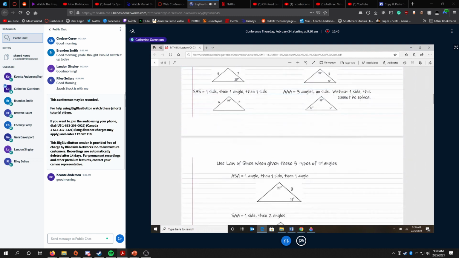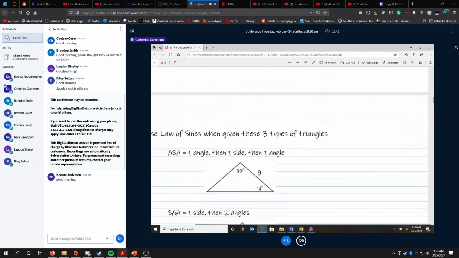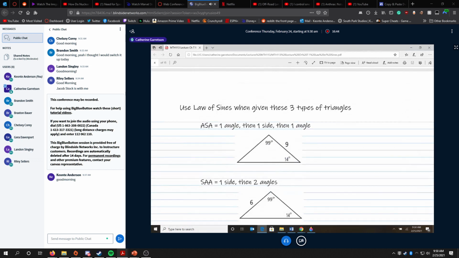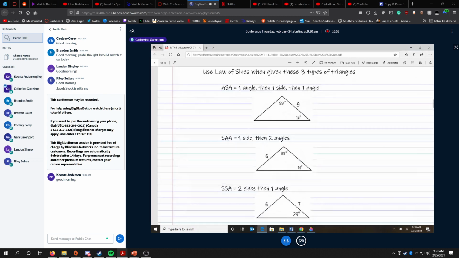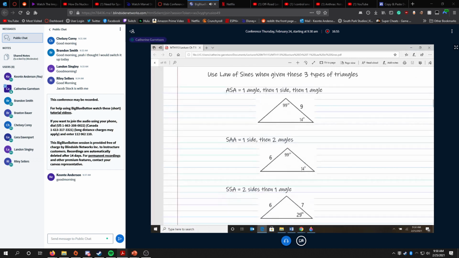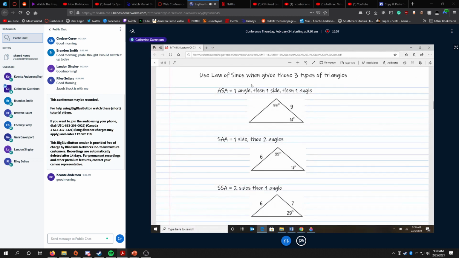So knowing when do I use the law of sines versus the law of cosines, I'm going to use the law of sines for these 3 types of triangles. And really another quick way to say it is, if I know 2 angles and a side in any order, that's going to be law of sines.